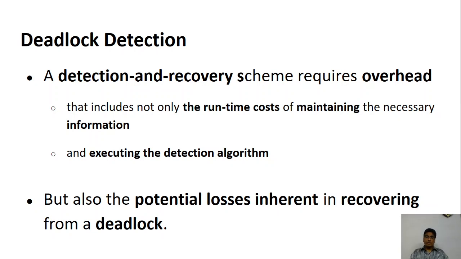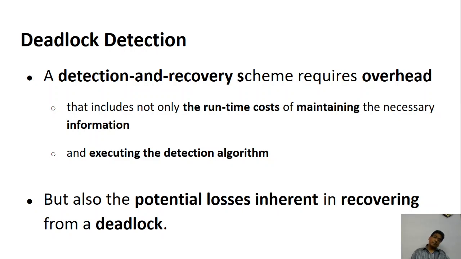So the detection and recovery requires some overhead because we have to go through the system to find out whether there is a deadlock or not. This is an extra effort that we have to do. So this requires some information to be maintained about whether the system is in deadlock or not.